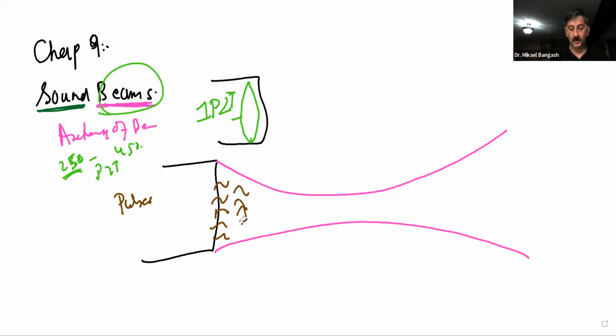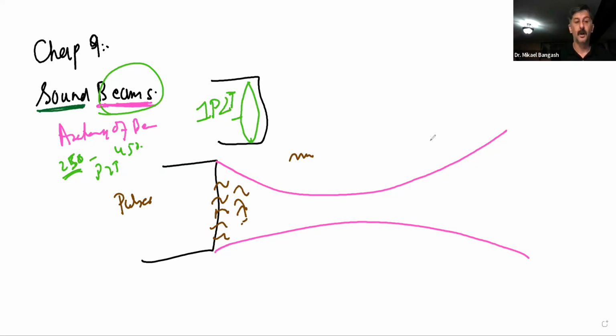Okay, so these are two separate entities, but yes, they will actually go together. So pretty much this was a pulse. But yes, as they travel, they will have this shape here.